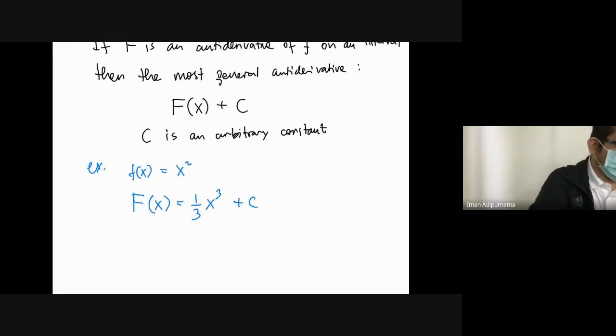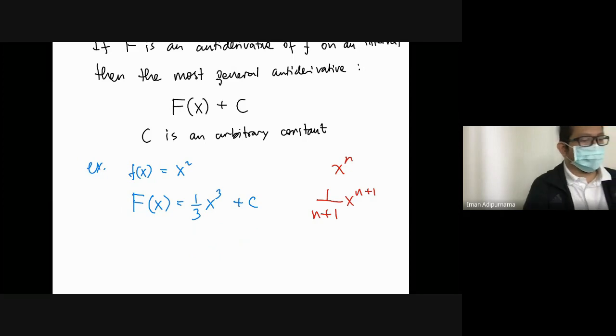If you have x to the power of n, this will be 1 over n plus 1, x to the n plus 1. This is the very obvious one, the power rule.